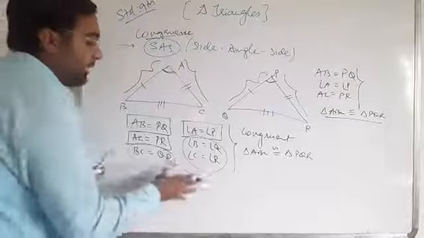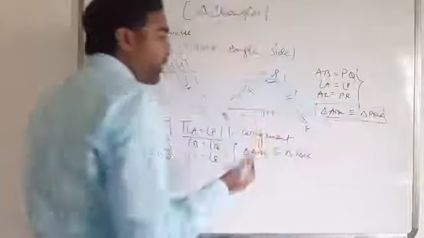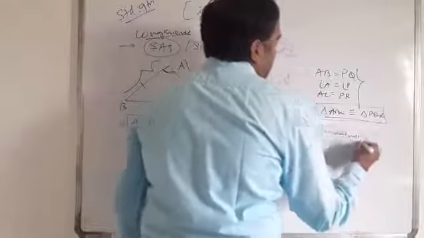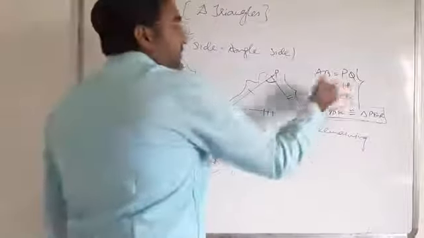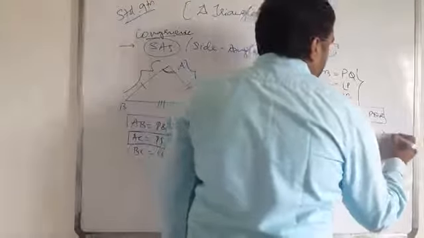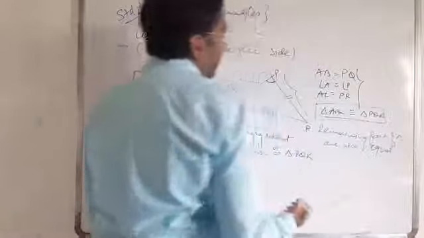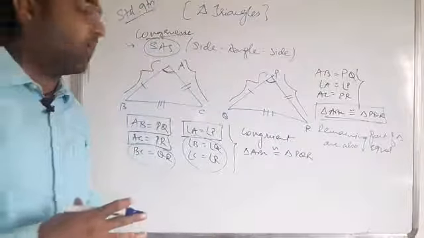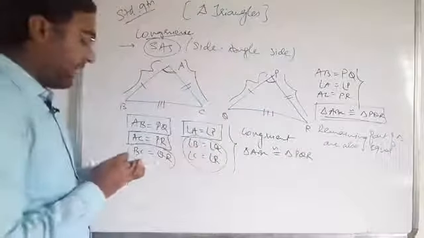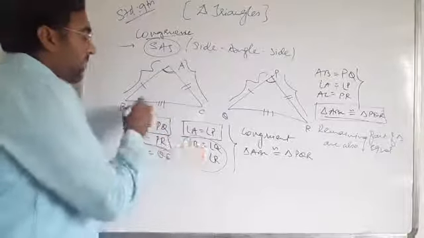We have to write that these are corresponding parts of the congruent triangles. These parts are corresponding parts.